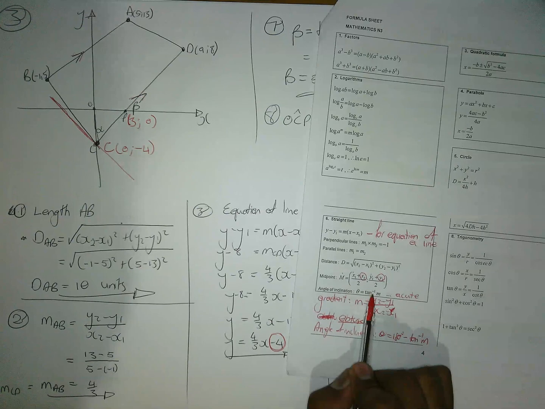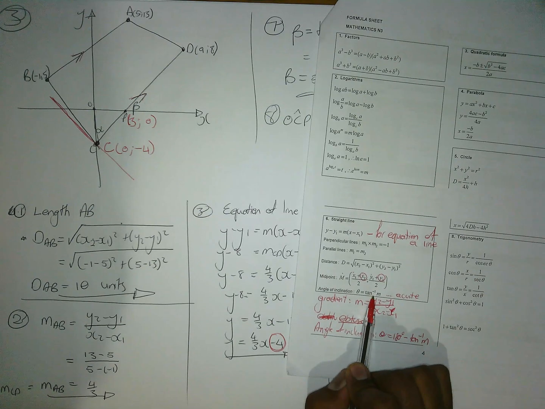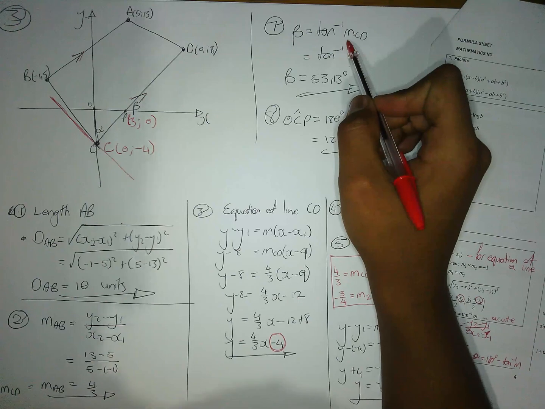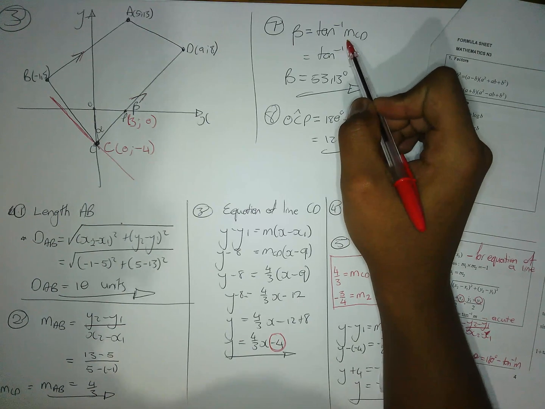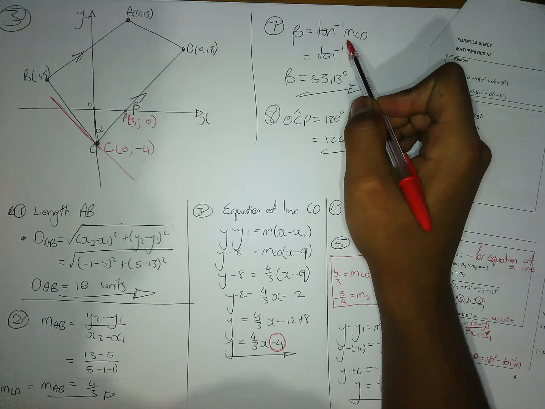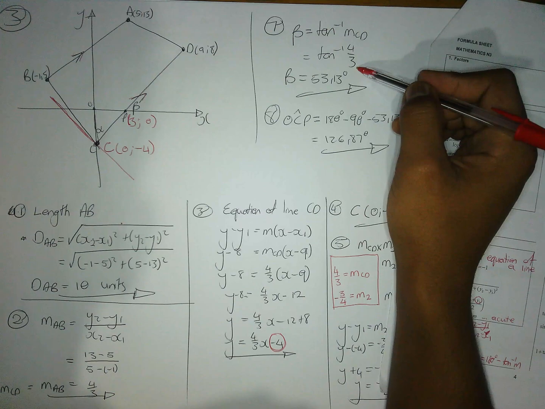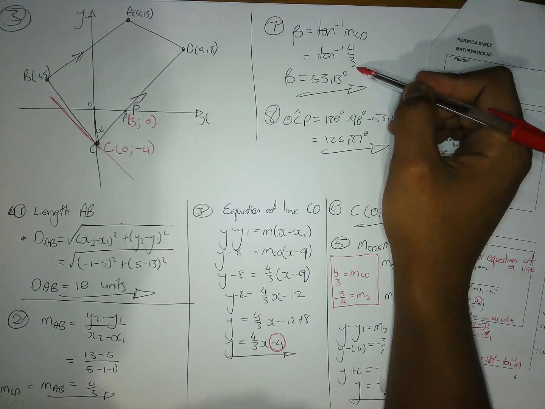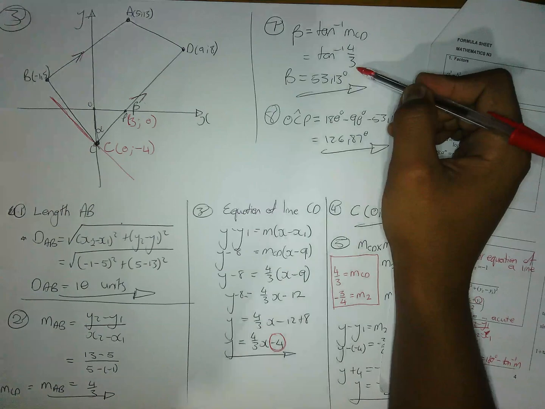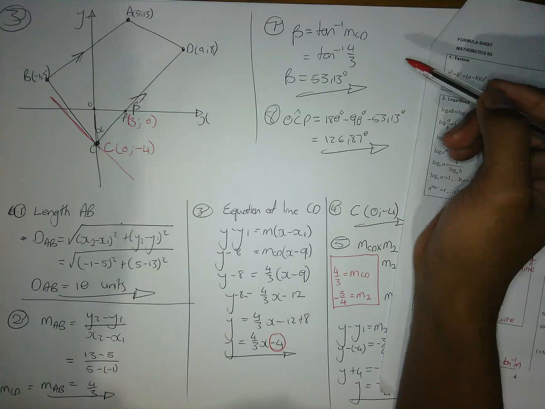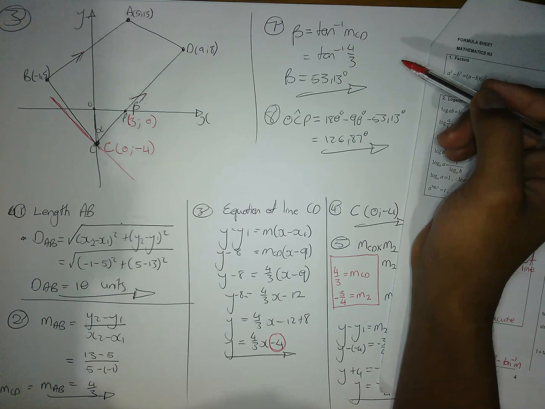All I do is write it down, and I must always know which gradient I'm working with. Very important. It's the gradient that's 4/3. I substitute in, I put it in the calculator, and that's the answer, 53.13 degrees. Straightforward, right? You should know that by now.